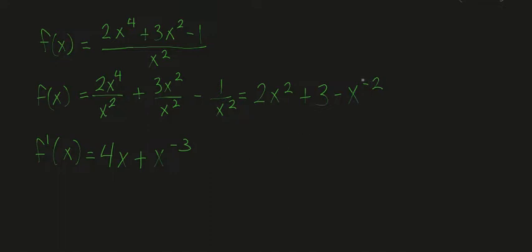Remember, we need to multiply negative 1 by negative 2 and then subtract the exponent by 1. And that will give us 4x plus 2 times x to the power of negative 3. And this will be our answer for this function.